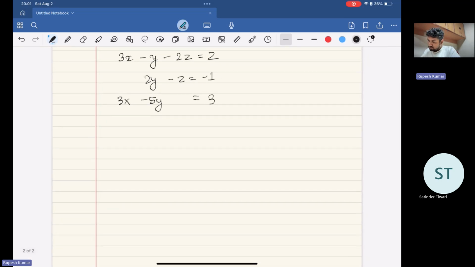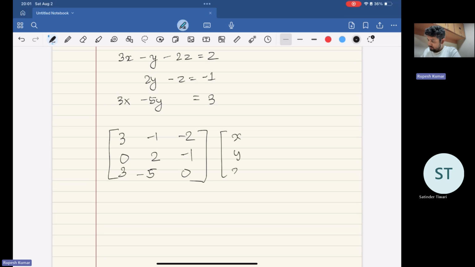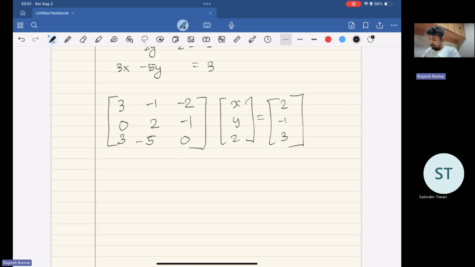So let's look into this. Let's formulate our matrix. It is like 3 minus 1 minus 2, 0, 2 minus 1, 3 minus 5, 0. Right? This into x, y, z equals 2, minus 1, 3. Right?